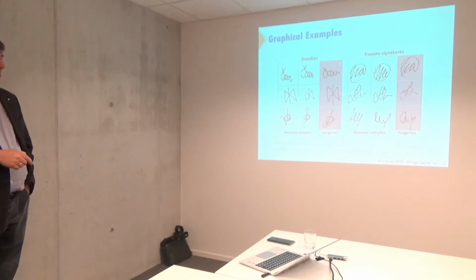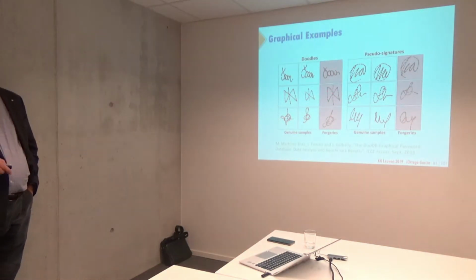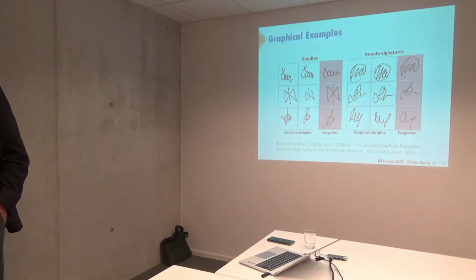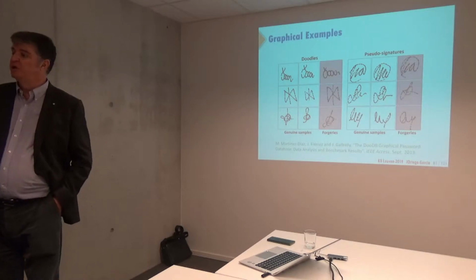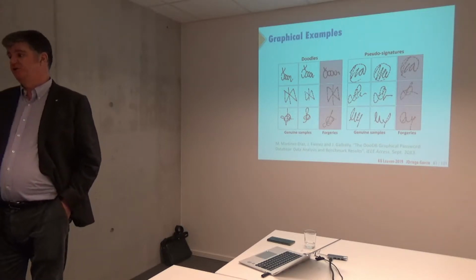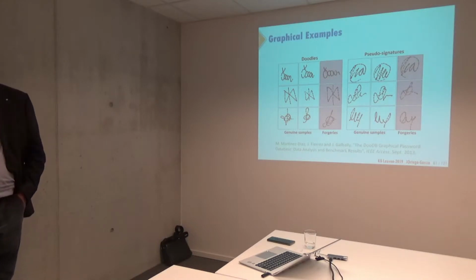You have genuine samples, and you have here forgeries. Why? Because it is easier to imitate a doodle than a signature, for instance. How do you know this is a forgery? You have to cope with that.